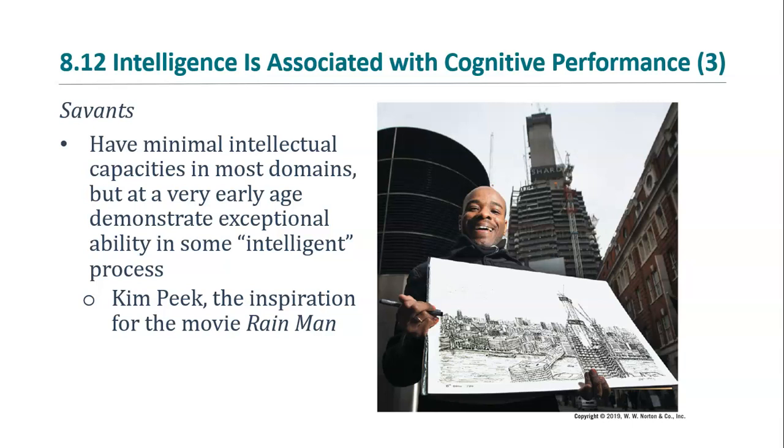Stephen Wiltshire is a young man who's able to draw from memory incredibly detailed drawings, even though he has difficulty functioning in daily life. Kim Peek, who was the inspiration for the movie Rain Man, is another savant. He was able to remember incredible amounts of detailed information, but had real difficulty navigating social situations.